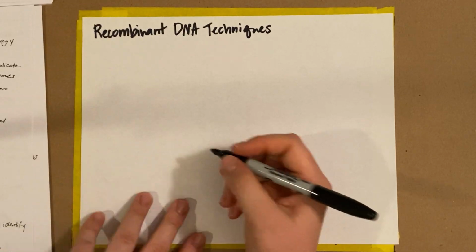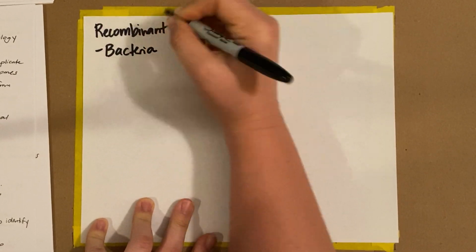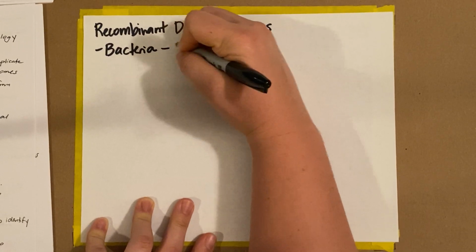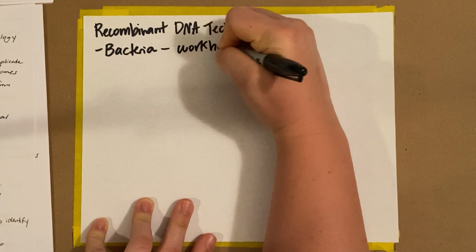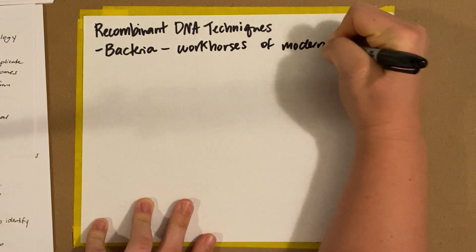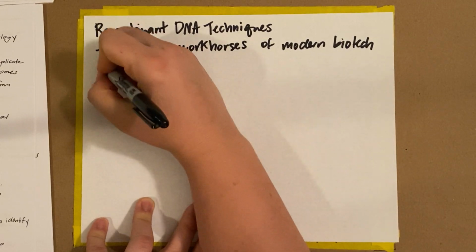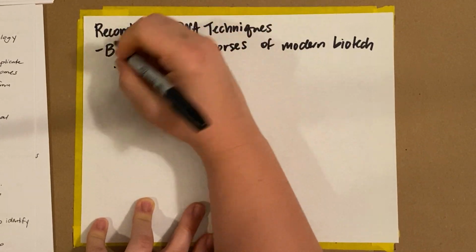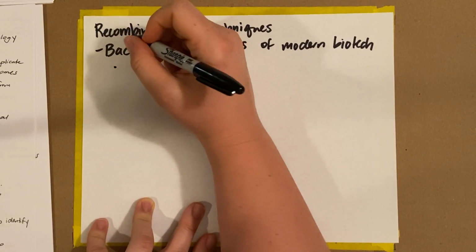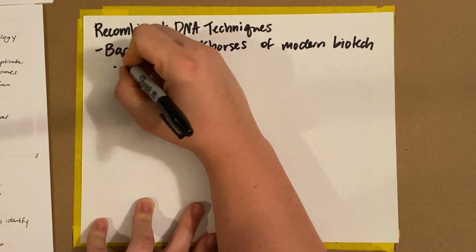Okay, so bacteria are extremely important in this. They are the workhorses of modern biotechnology. One way that they are very useful is that they have something called a plasmid, and we're going to talk about these plasmids.